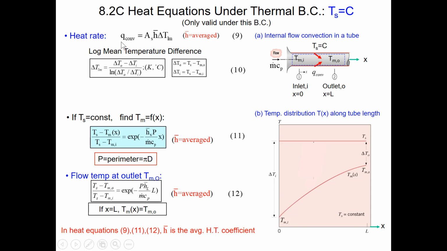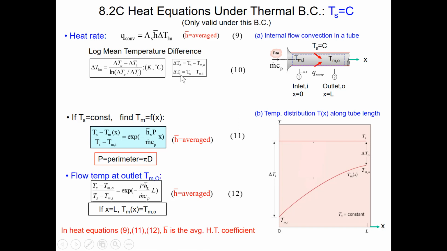Equation 9 relates the convection heat rate to the side surface area, averaged heat transfer coefficient, and log mean temperature difference, which is defined in equation 10. In this equation, ΔT_o is the difference between surface temperature Ts and flow temperature at the outlet.